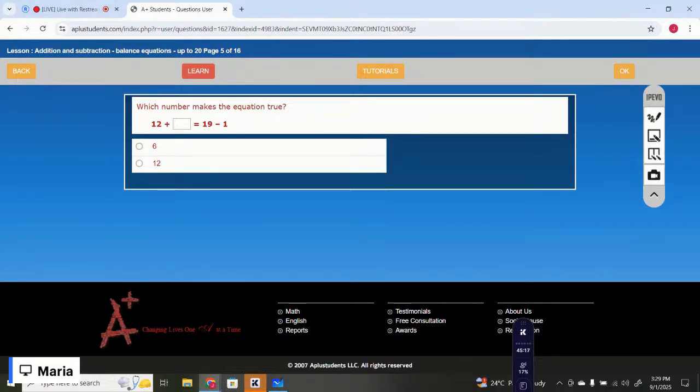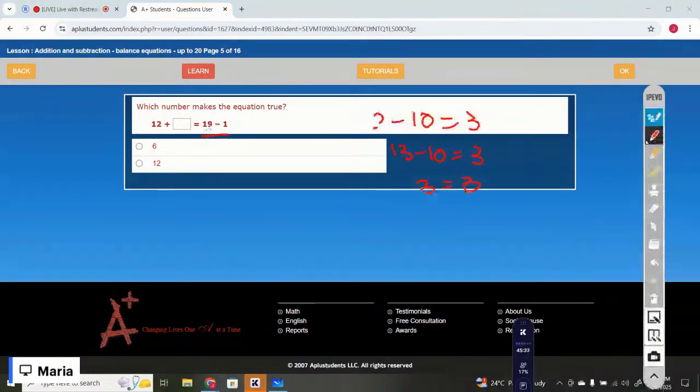Which number makes the equation true? That is 19 take away 1. 19 take away 1 is 18. 12 plus the missing number.